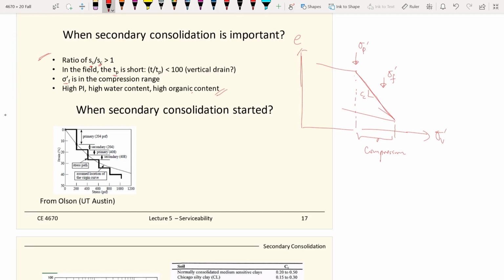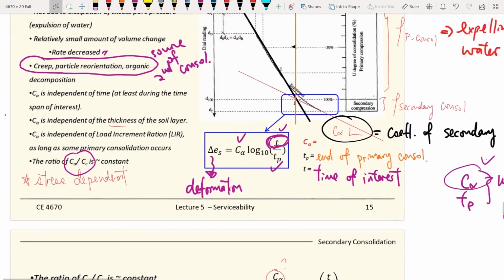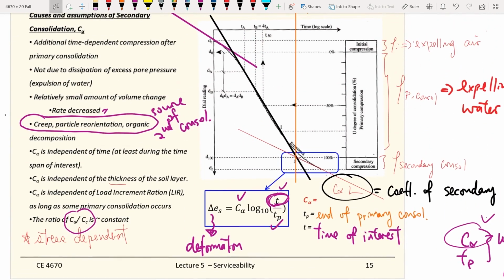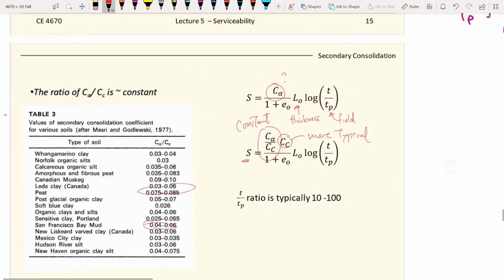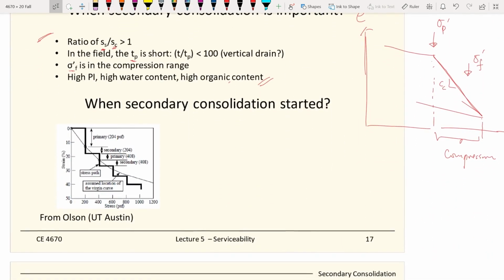Okay, and when does the secondary consolidation start? From the previous slides, we defined the secondary consolidation as starting only after the primary consolidation has finished. And actually, from the research side, from the clay science perspective, this is not right.